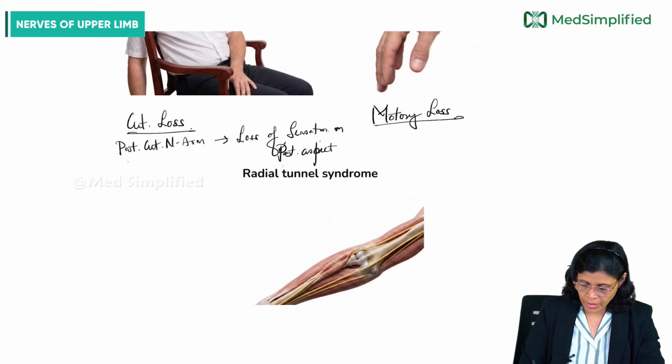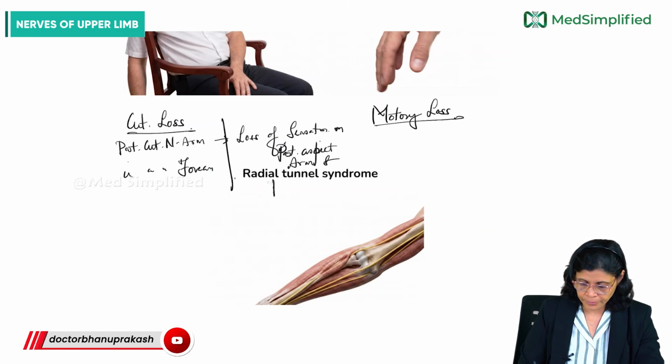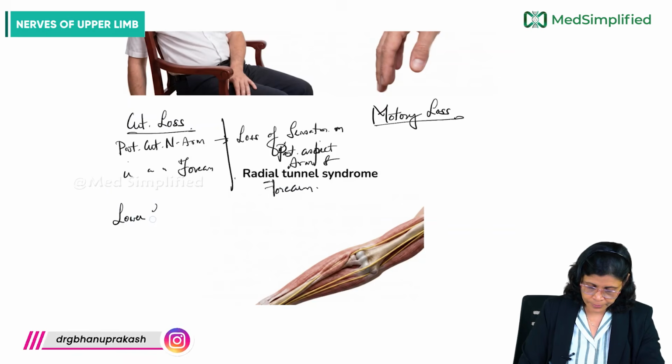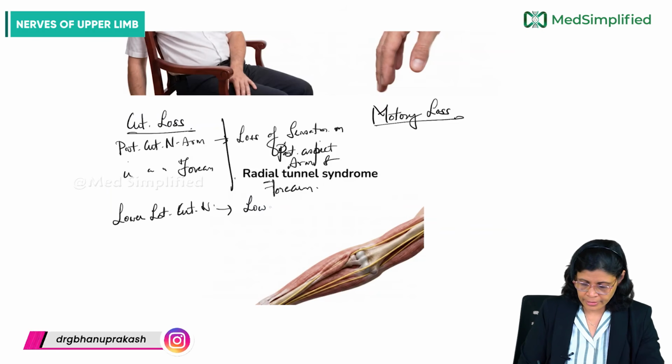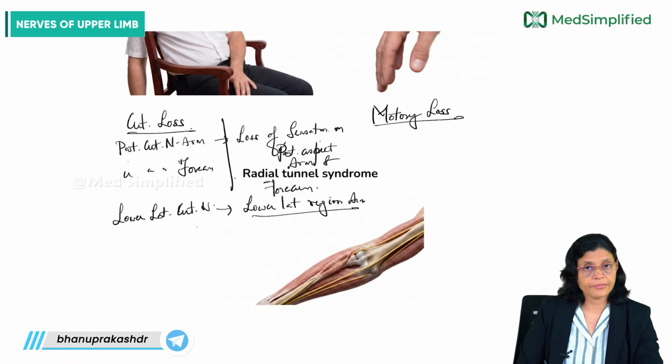Then we have the posterior cutaneous nerve of forearm, so even on the forearm there is loss of sensation, arm as well as forearm. Then it gives the lower lateral cutaneous nerve of arm, so in the lower lateral region of arm, again the cutaneous innervation is affected.